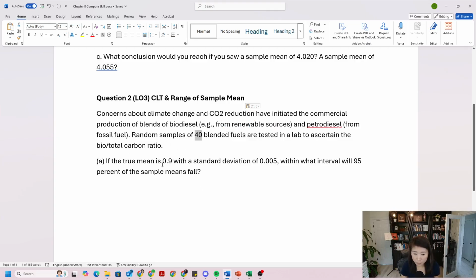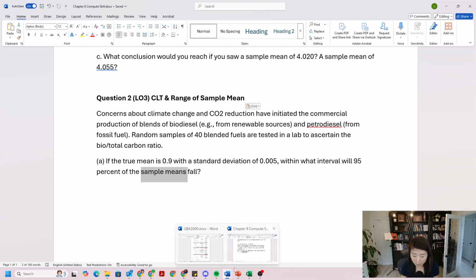Given the central limit theorem, the sample mean will follow approximately a normal distribution with mean equal to 0.9, and a standard deviation equal to 0.005 divided by the square root of n. This is called the standard error of the mean.